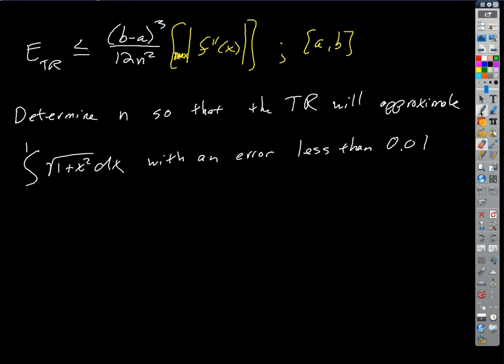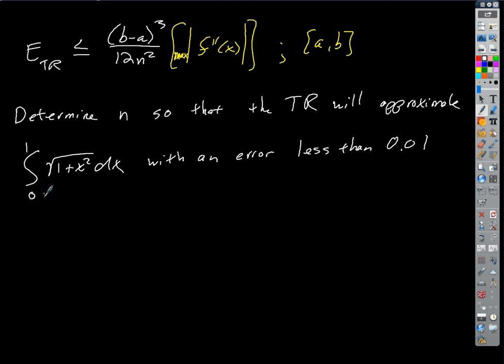Plug everything into the trapezoidal error rule and solve for n. Okay, so we want the value of this expression to be less than or equal to 0.01, right? Because that's the expression that's going to give us the maximum error the trapezoidal rule will yield, right?